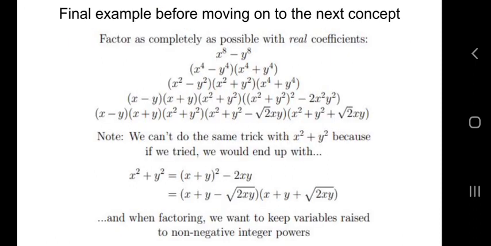Okay, so I have one more example for you before we move on to the next concept. Here we're going to factor x to the 8th minus y to the 8th as much as possible, but we're going to factor it making sure that we have real coefficients instead of requiring them to be integers.